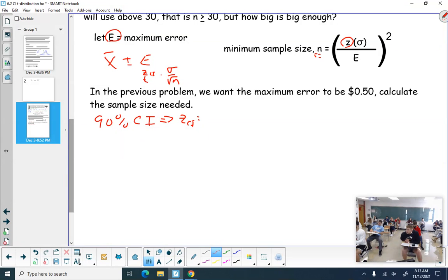We have a standard deviation of $3, and we have this error to be only 50 cents. Watch your decimal places. If we look at z for that confidence interval, we drop our t table down to the z value at the very bottom. Once again, we can either use the 1.65 or 1.645. I'm just going to use 1.65.